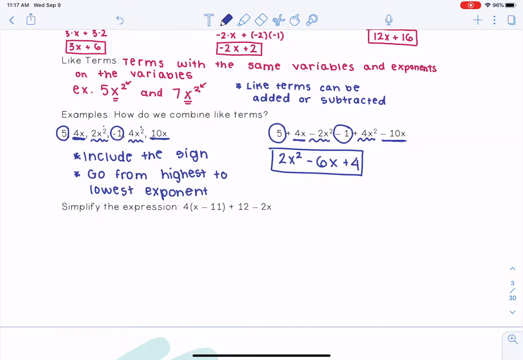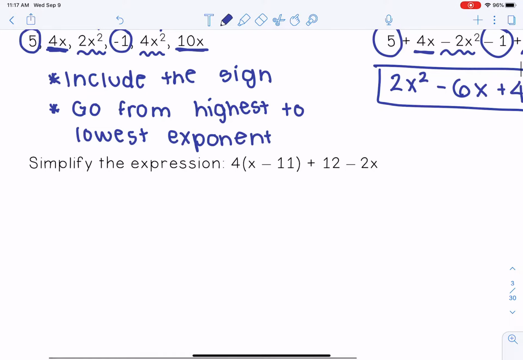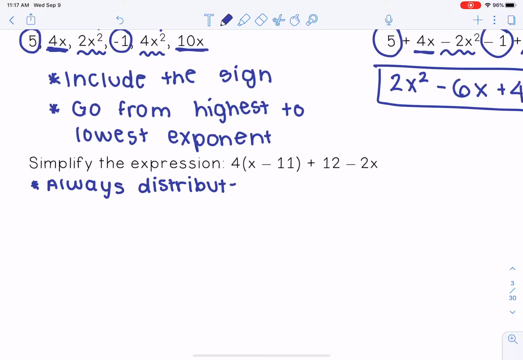Now we come to another problem that says simplify the expression. This is just like before where we can use PEMDAS, but now we have some variables in here. So what we're going to do is always distribute first. And then combine like terms.